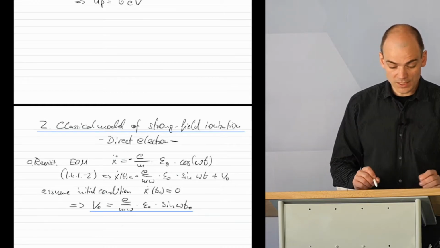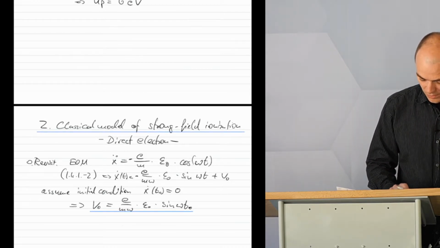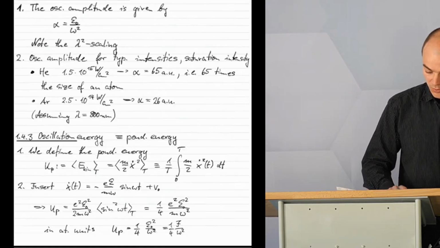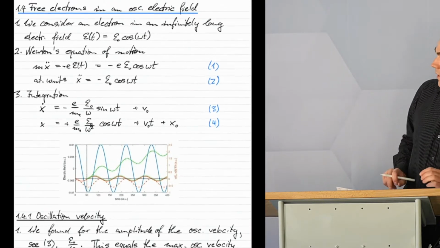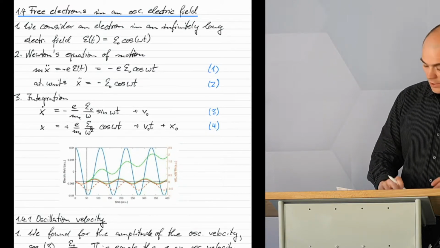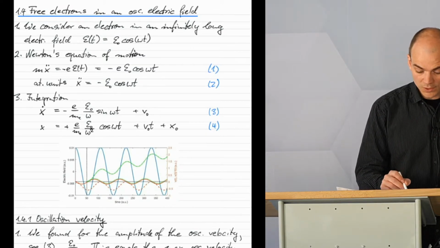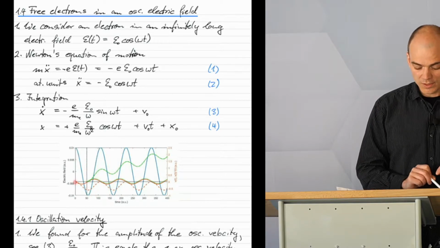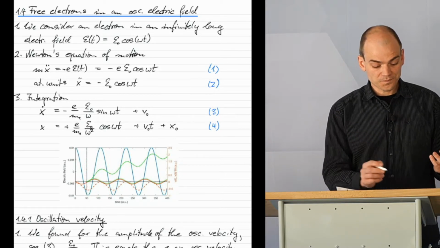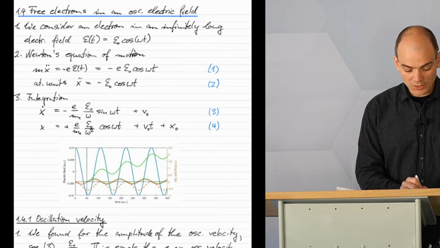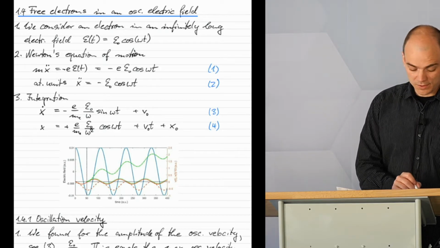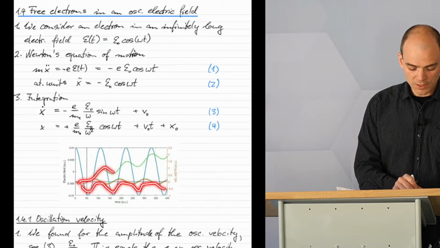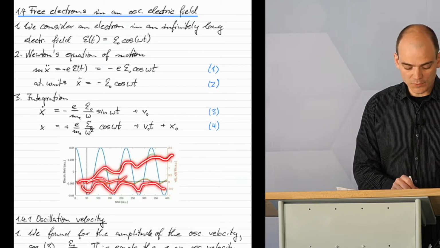I think there was a plot in the previous lecture that actually showed this. What you see here is the electric field, and there are two trajectories plotted, in both the position and the velocities.